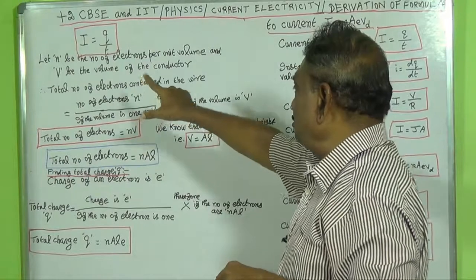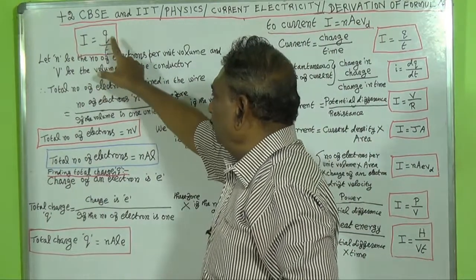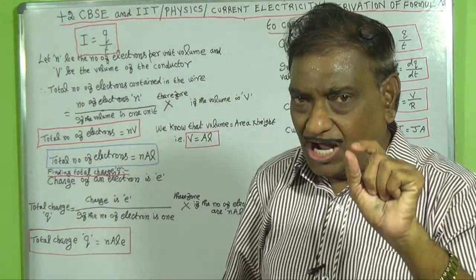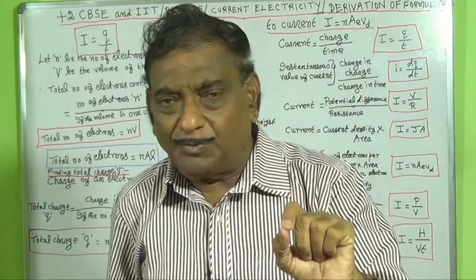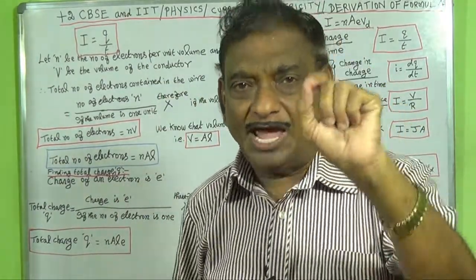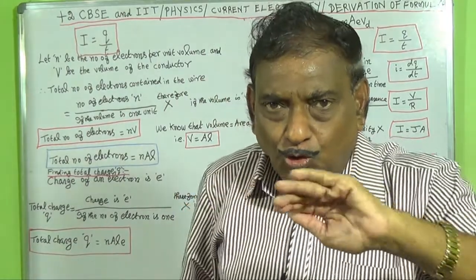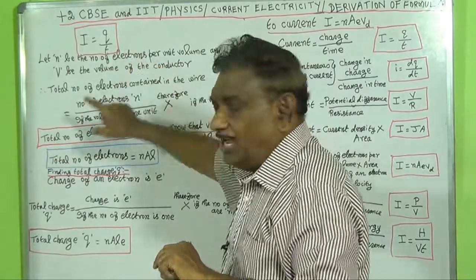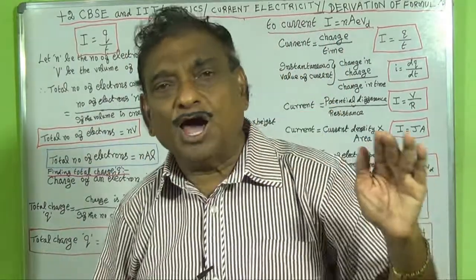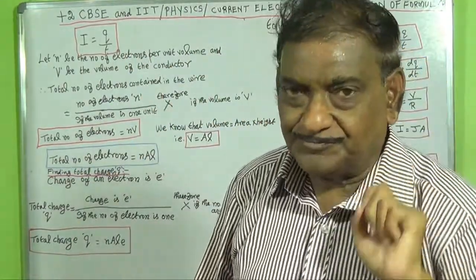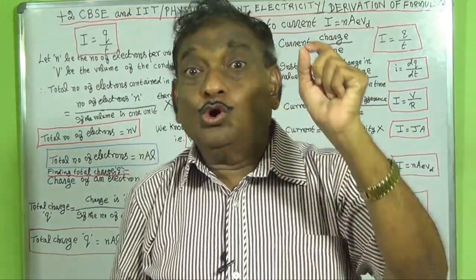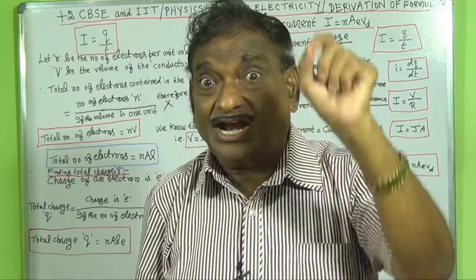On seeing this equation I equal to Q by T, we understand that there are two data needed to find the current capital I. If we do not know the total charge Q and the time T, we cannot derive the formula for the current I. First of all, we are going to find the total charge contained in the conductor.